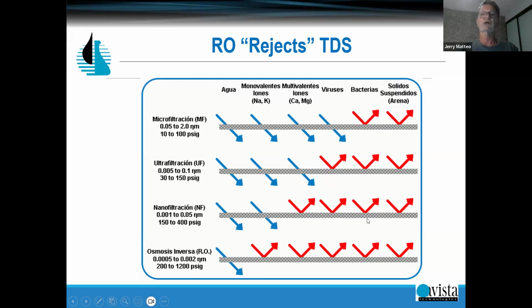Ultrafiltration is good for that, because ultrafiltration will take out the suspended solids, bacteria and viruses too, but it doesn't take out the dissolved solids. So this would be a good pre-treatment for my RO, right? So that's just an indication of what goes through and what doesn't go through. What doesn't go through is called reject, right?